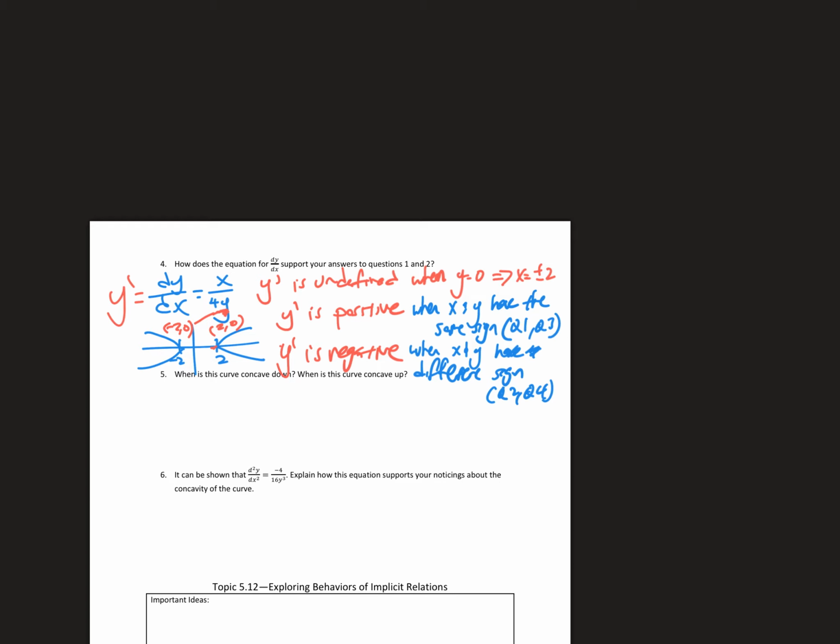The original equation was x squared over 4 minus y squared equals 1. And if I go back and look at my derivative equation right here, maybe if I asked you, how do we make this derivative equal to 0?